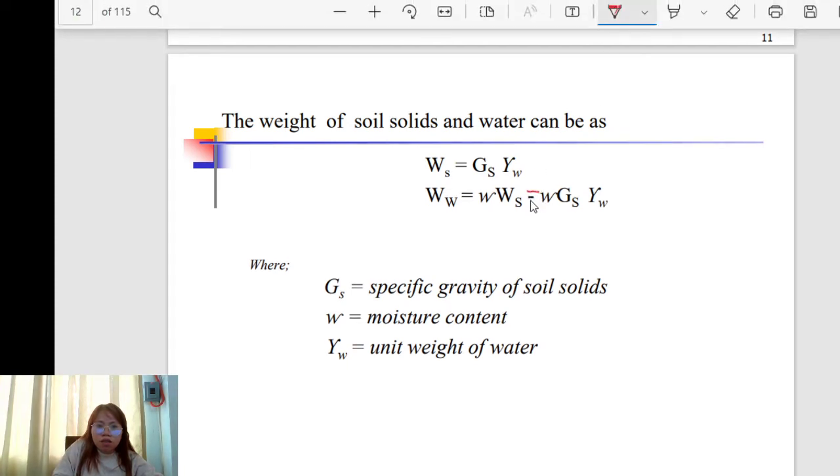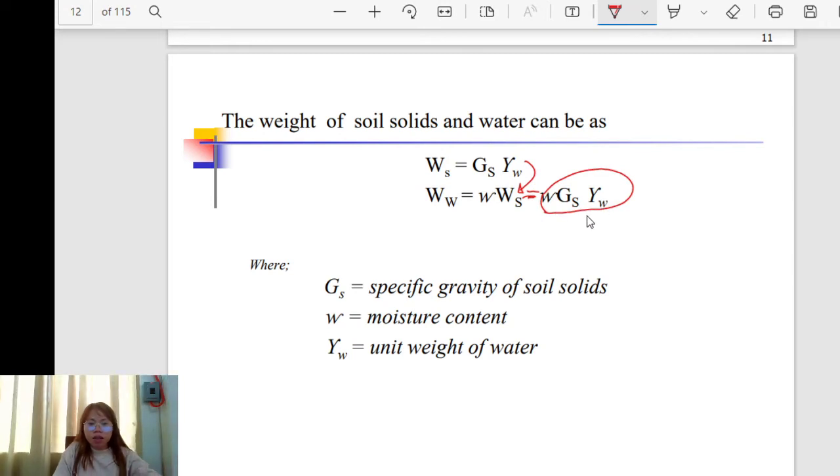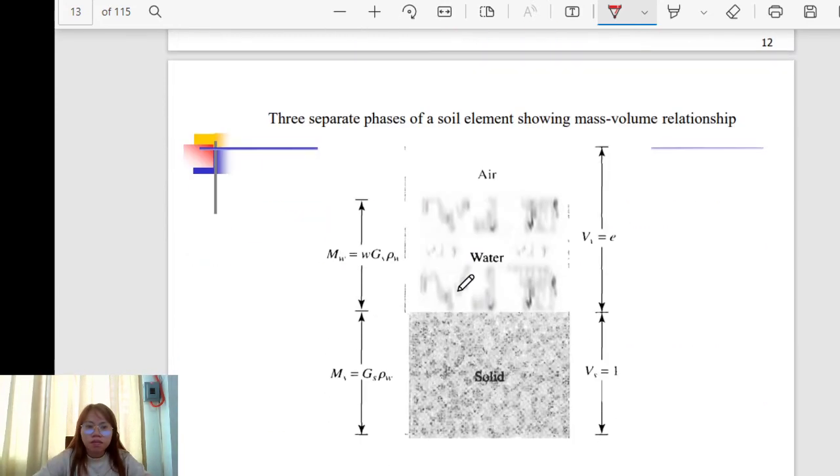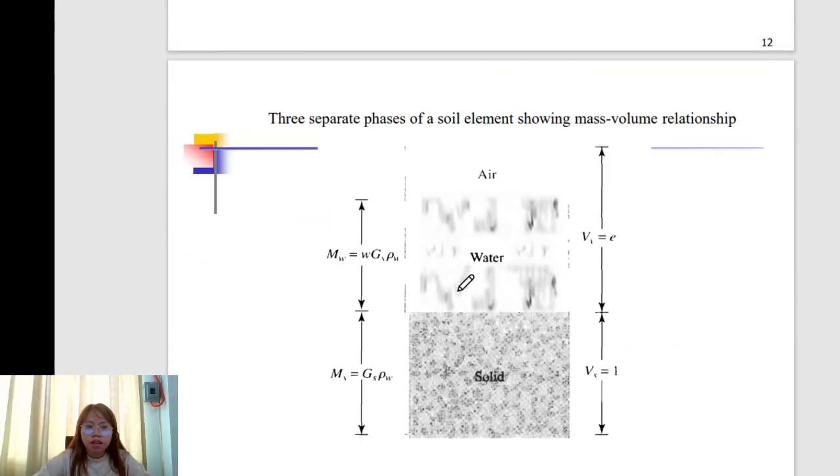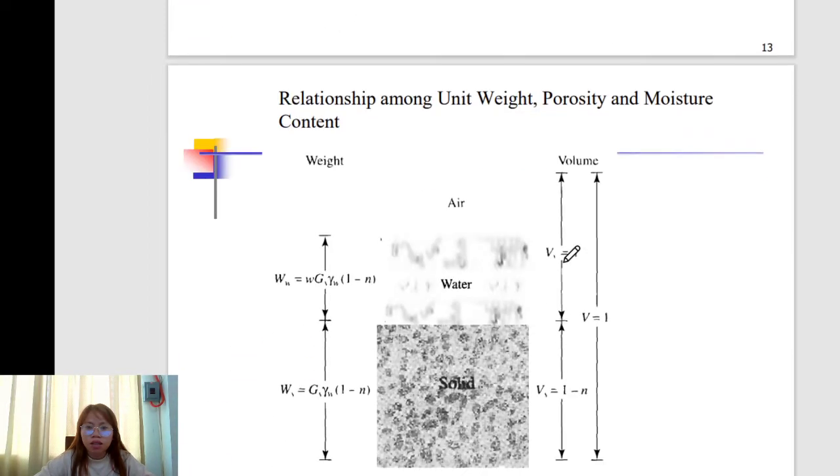This is actually equal, not minus. So if you substitute this one to here, this will become equal to this formula: the moisture content times the specific gravity of the soil solids times the unit weight of the water. Okay, this is the same as earlier, the phases of the soil element.